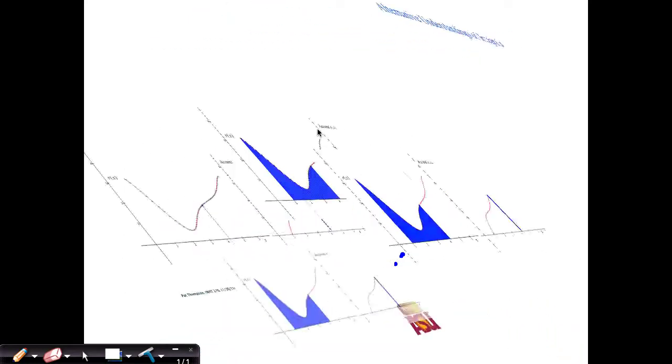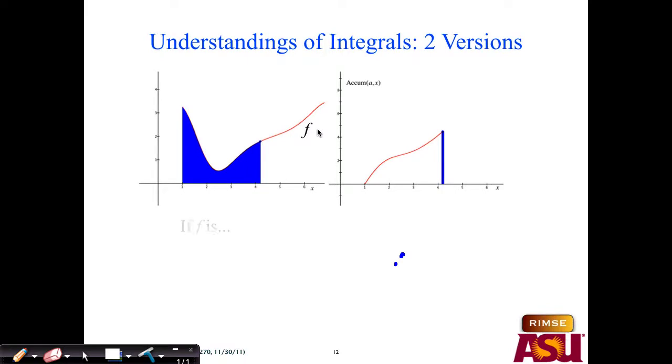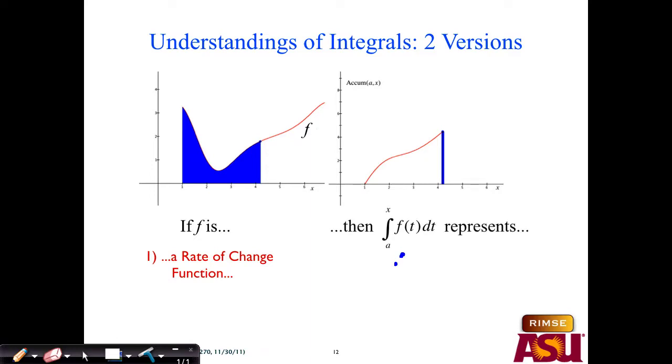So picture-wise, if I think of f as a rate of change function, then this integral of f of t dt from a to x can represent a net accumulation of something, whether it's the net accumulation of weight of cement on a scale, the accumulated height of a rocket as it goes up by integrating velocity, or any sort of application that we dealt with in previous homework assignments, and many, many others.